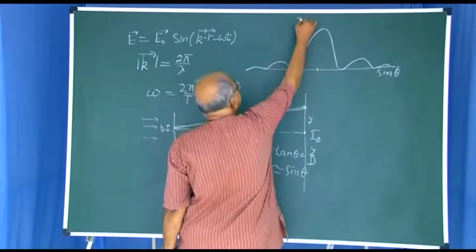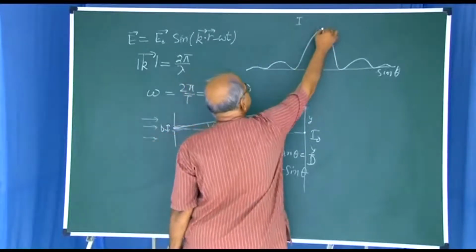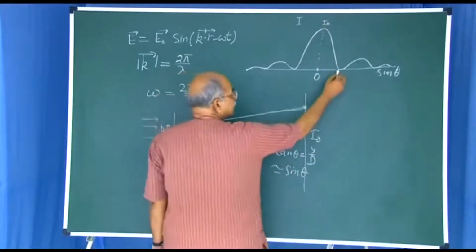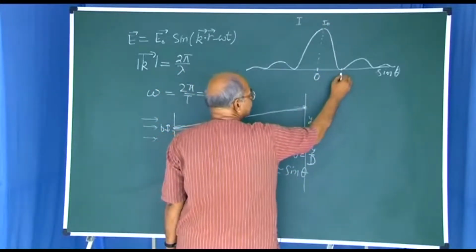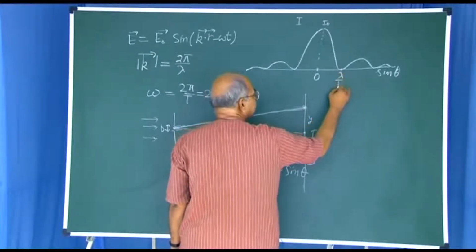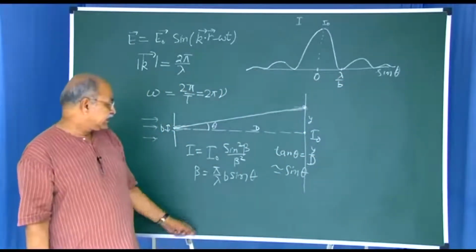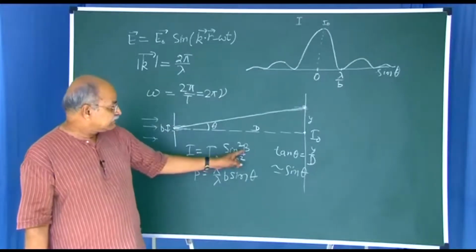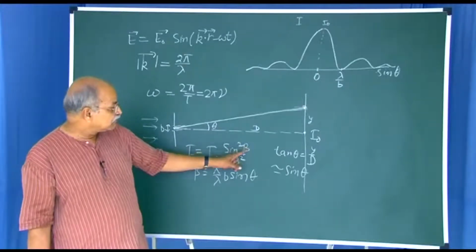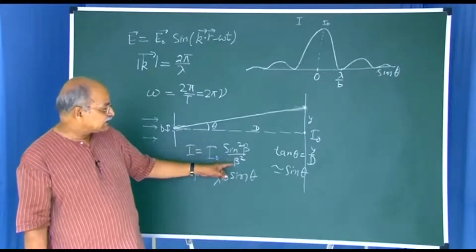What is this side? This side is intensity, and this is I naught. This is the central point, and the intensity is I naught here. This is sine theta equal to 0, and this point here is sine theta equal to lambda by b. This is intensity 0 here, and intensity is 0 when beta is pi. When beta is 0, sine beta is 0, but then here also you have 0, so this takes the form 0 by 0, and in the limit this will be 1.